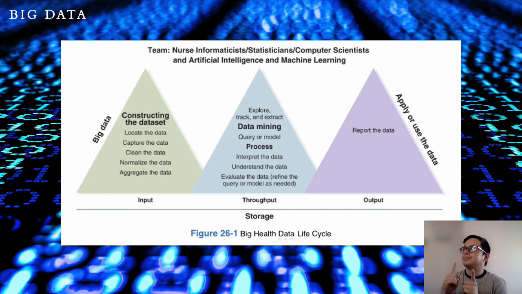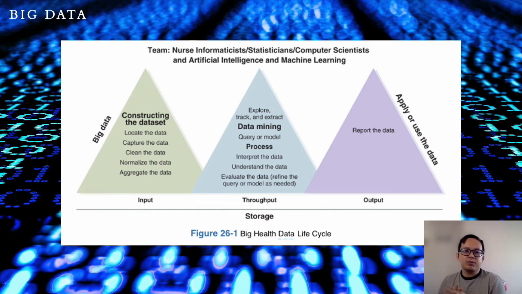So as you can see, there's input, throughput, output. That's the generation of knowledge process, the computer process, right? Input, process, and output. And then feedback. Okay, that's the report of application.